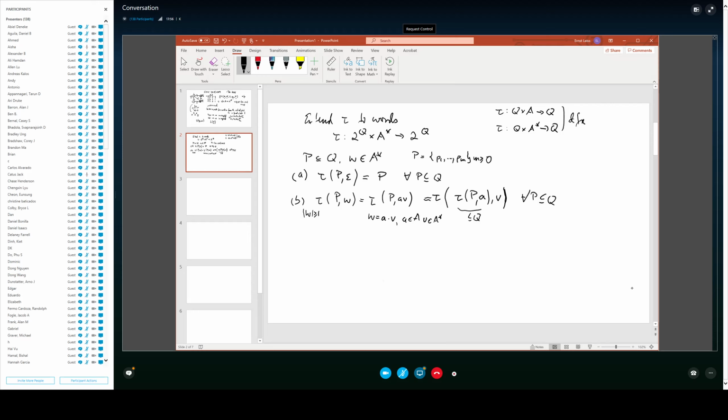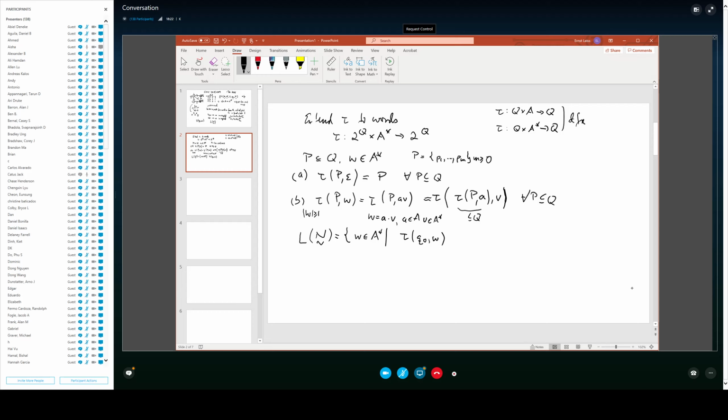And so that then gets us to the definition of the set of all words accepted by the non-deterministic finite automaton. This is a set of all W in A star, such that tau of Q sub 0 and W, what is that?